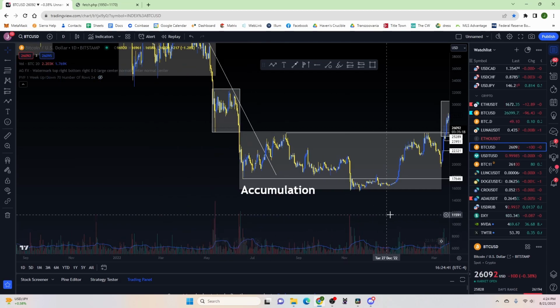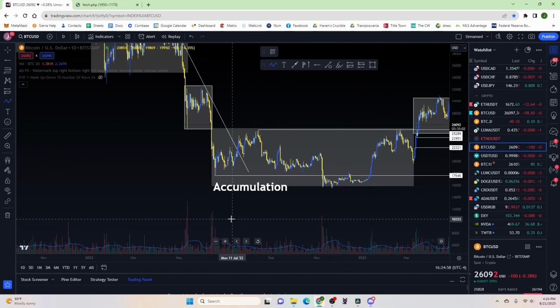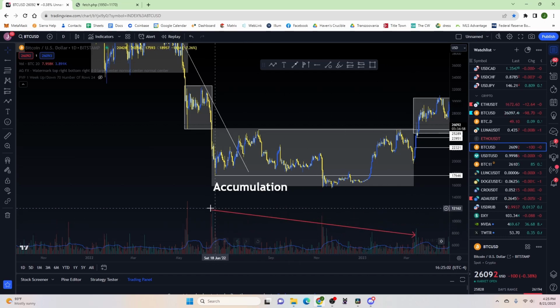The very first thing to know when you're looking at an accumulation is you're looking for not only decreased volume, but also a decrease in volatility. This is not the best example of that, because this is pretty strong here, but what we see is a general overall decrease in volume.